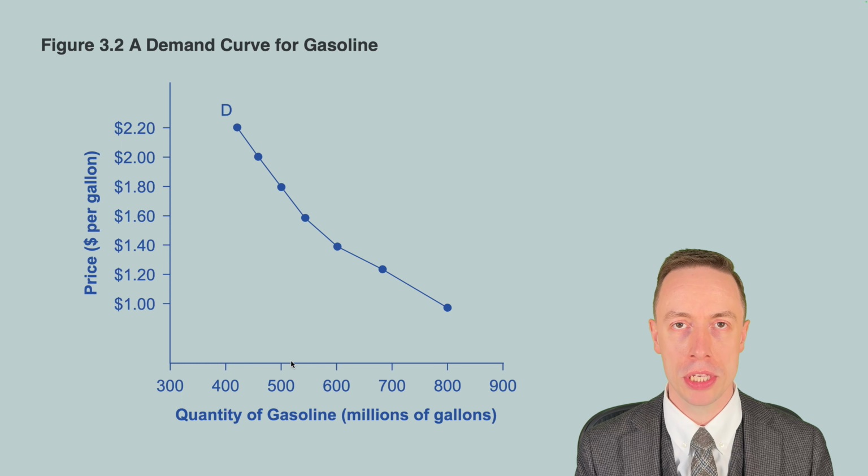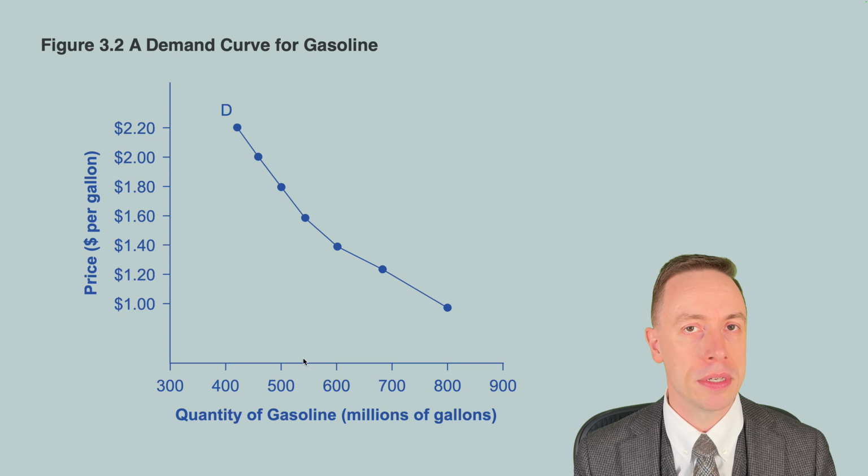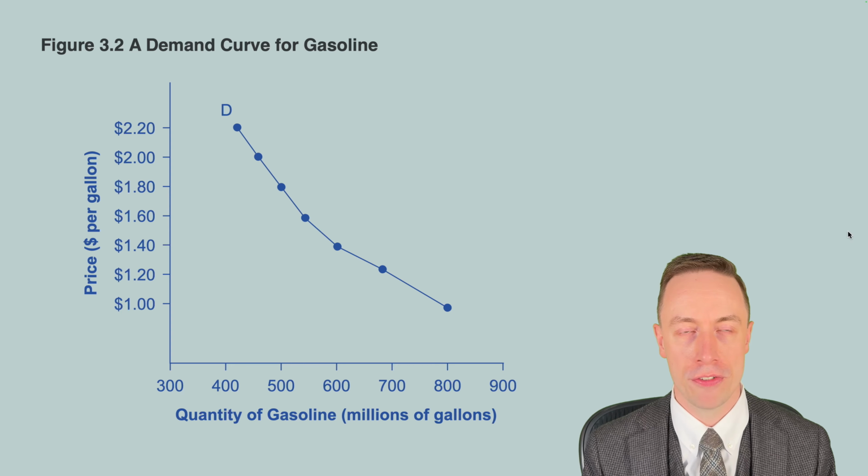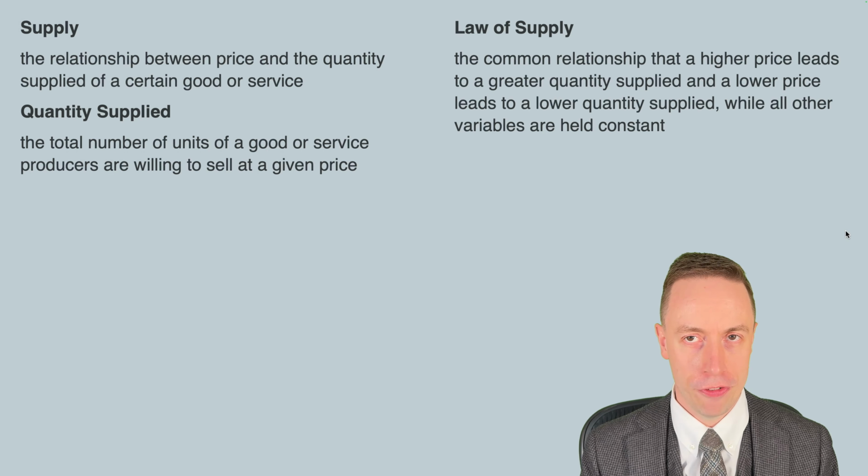We'll have a new number down here on the x-axis, but we wouldn't say that the demand itself has changed. We're going to reserve that for a situation where the curve itself is moving to a different location. So that's the demand for a product.